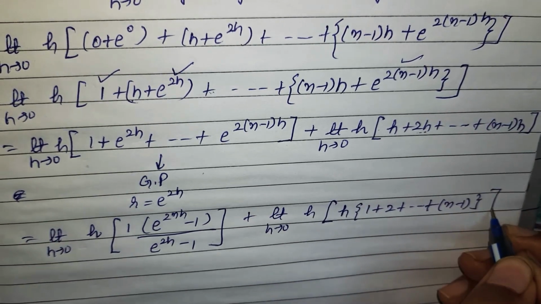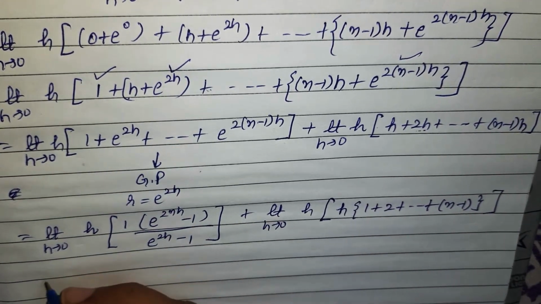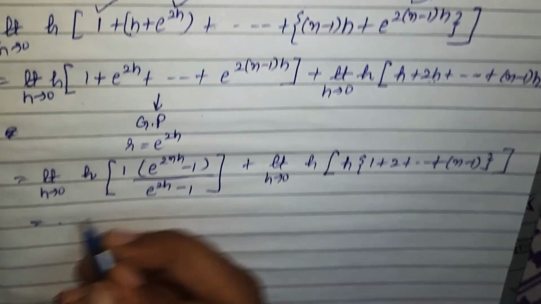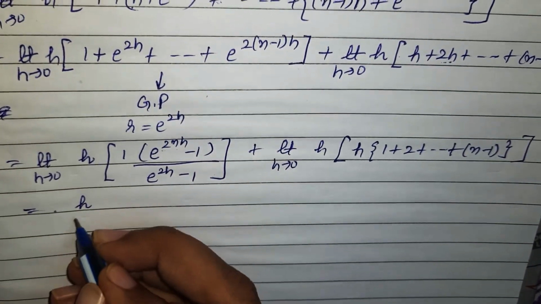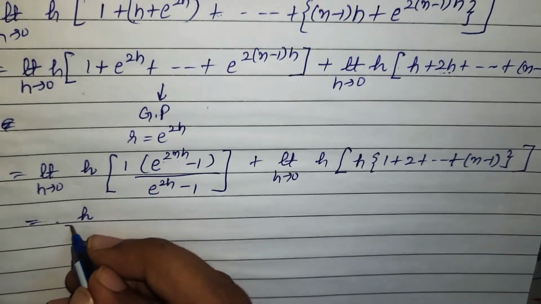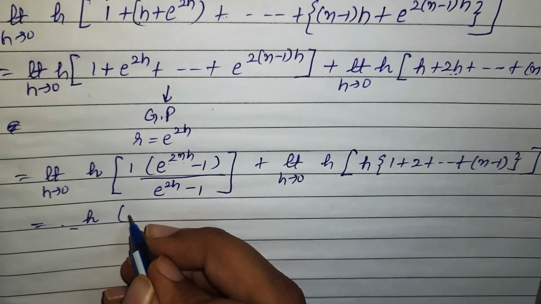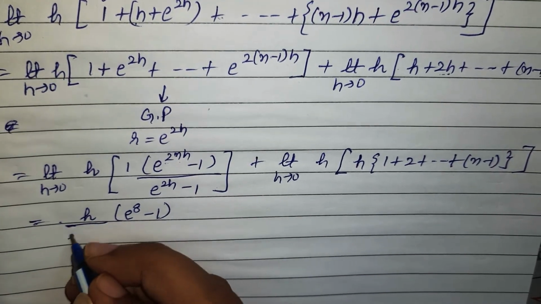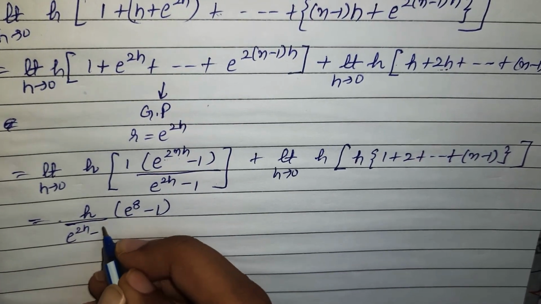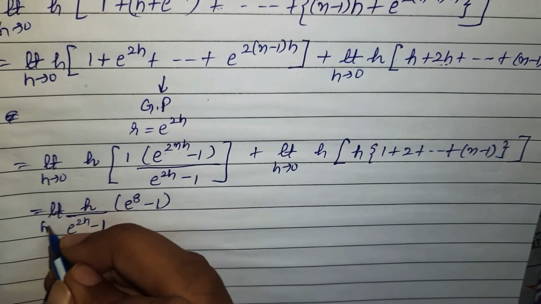So this is the same formula we need to apply. So value of 2nh will be what? I can write this as 2nh, 2 4s are 8, 8 minus 1, and this is e raised to the power 2h minus 1, limit h tends to 0.